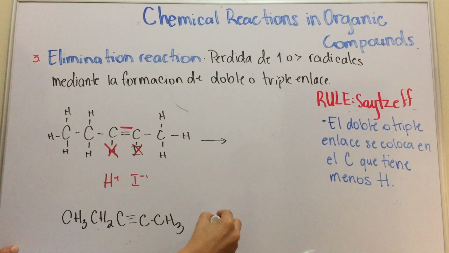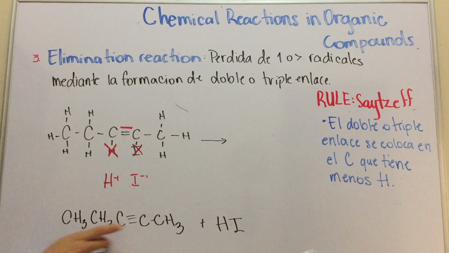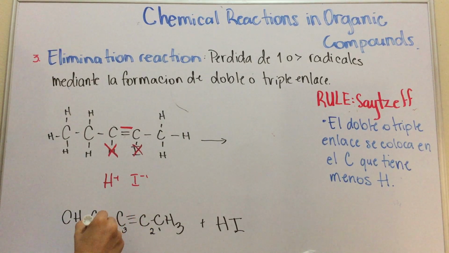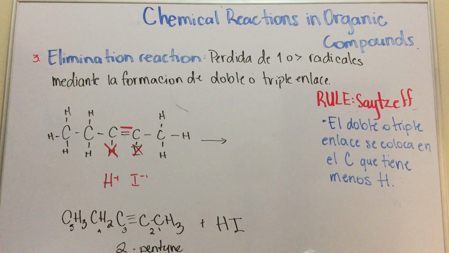Alright, plus hydroiodic acid. Okay? 1, 2, 3, 4, 5. So this would be a 2. I'm going to put the name here so that you still remember naming. This would be a 2. Pent, because it has 5. Yne, because it has a triple bond. Plus hydroiodic acid. So this is the elimination reaction. I hope it's clear. And if you don't understand, well, just text me.